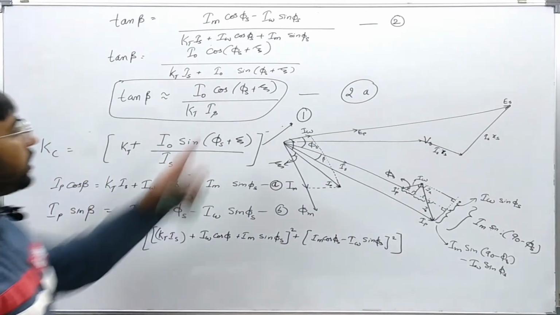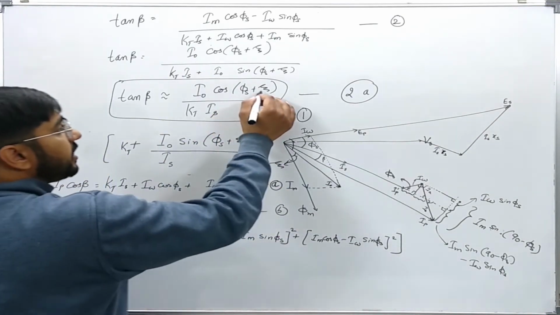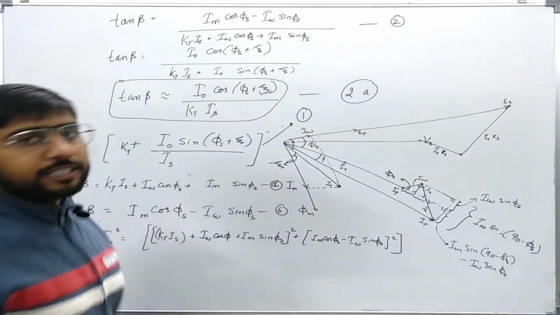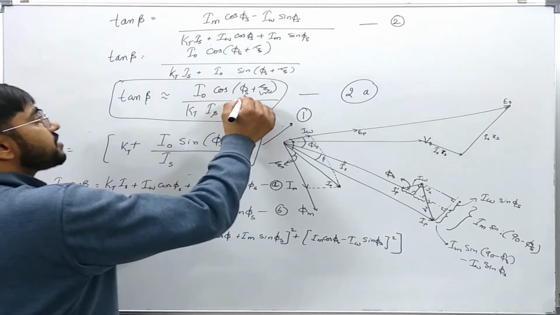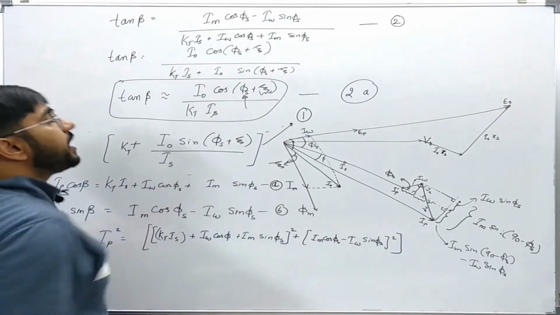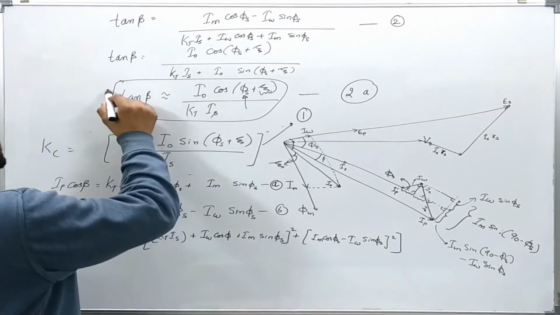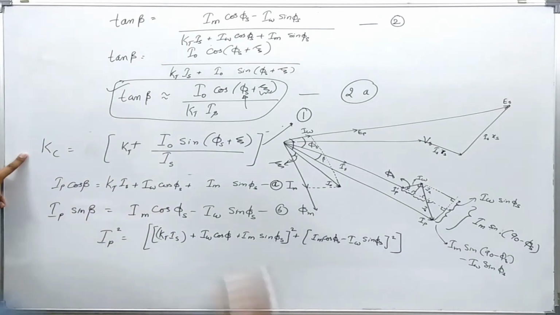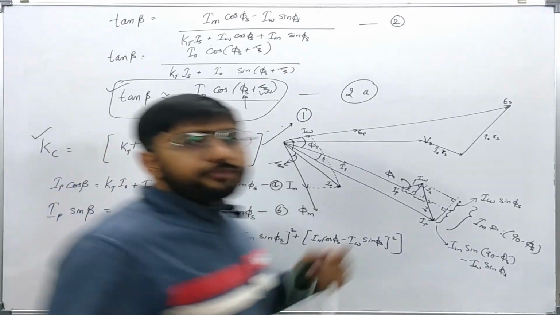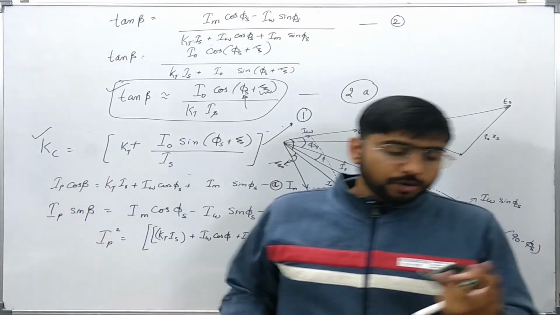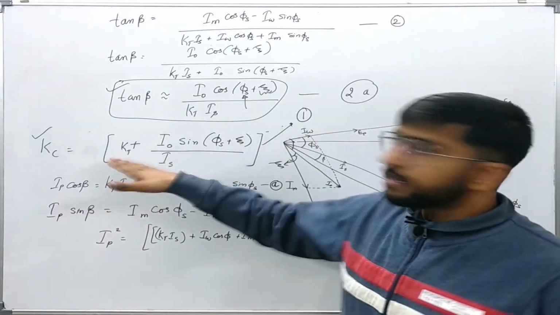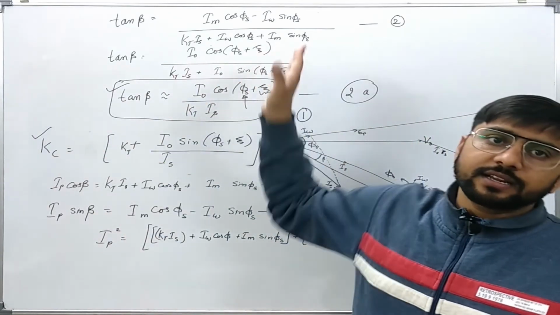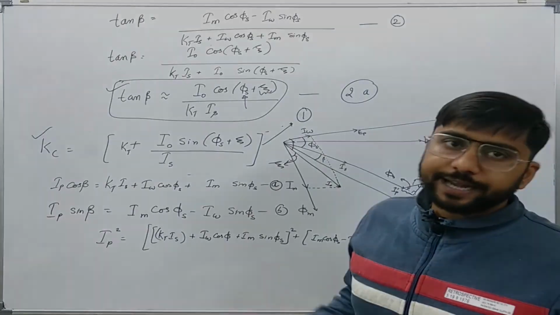Depending upon phi_s, since zeta depends just on the magnetization characteristics and the iron loss component, we can manipulate this and thereby vary tangent beta as well as K_c. Now in the next slide we will find two limiting values: when the ratio error is 0 and when the phase angle error is 0. Let us see in the next slide.